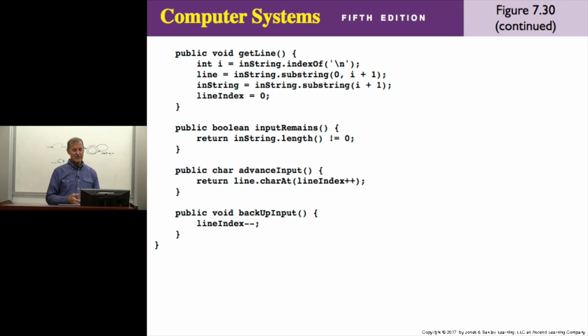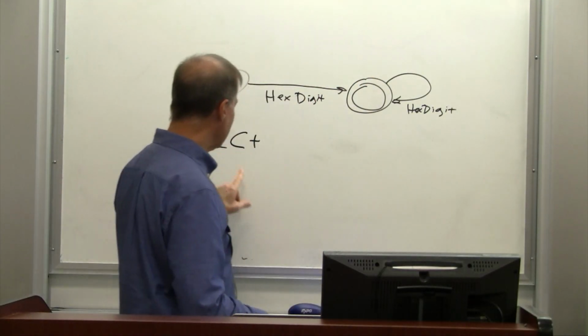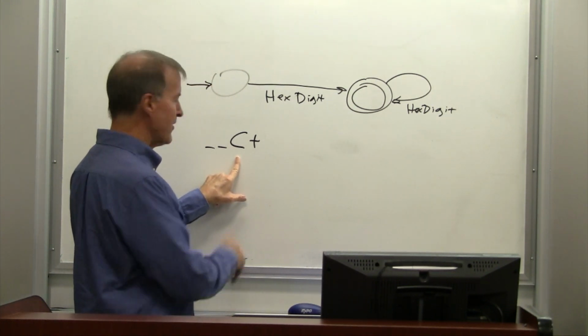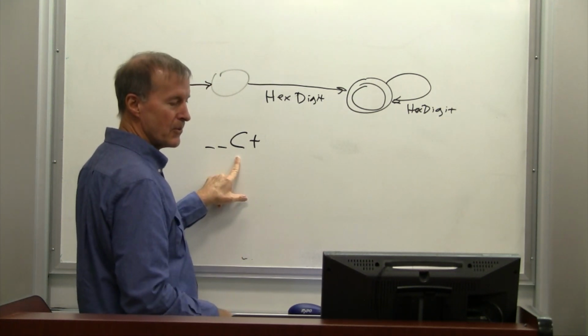First of all, what does advanced input return? A character. And what character does it return? Line dot char at, line index plus 1. So it takes the character at the index. So if our index is 0, 1, 2, what does it do?